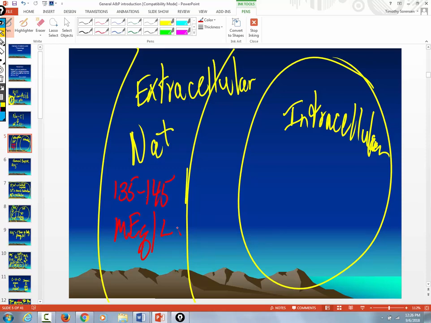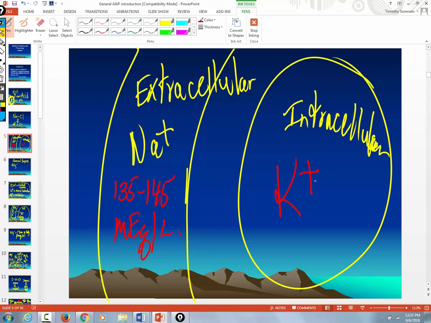Where's sodium highly concentrated? In the blood. Where's potassium highly concentrated? Always in the cell. When they draw your blood, what are they looking at?